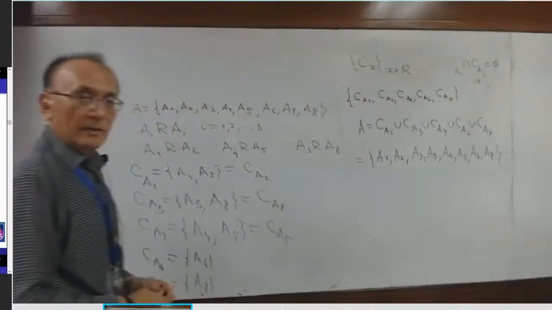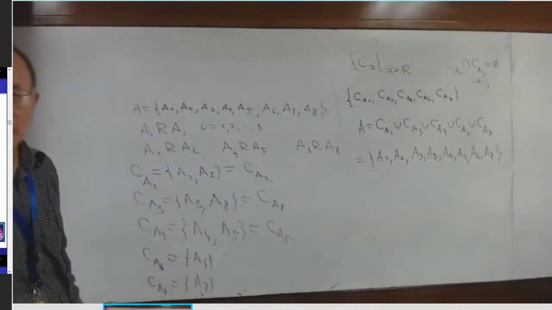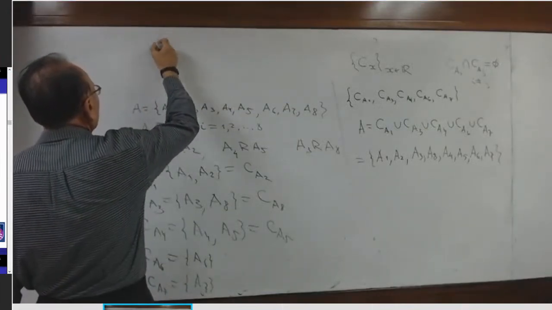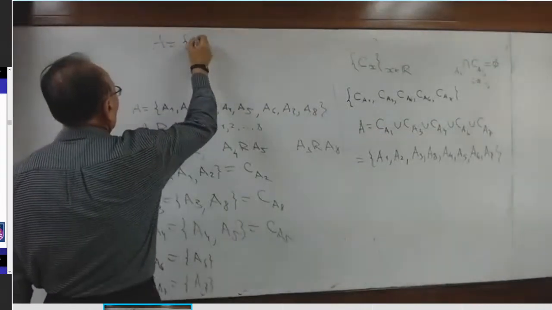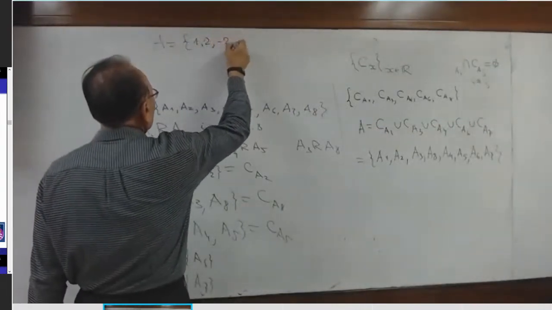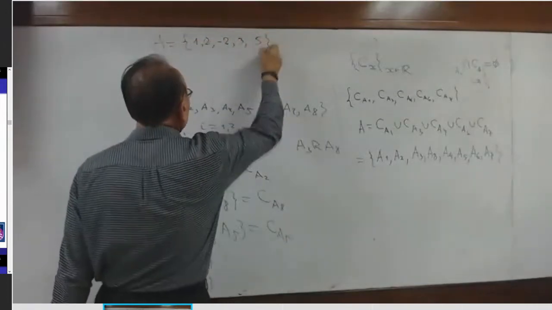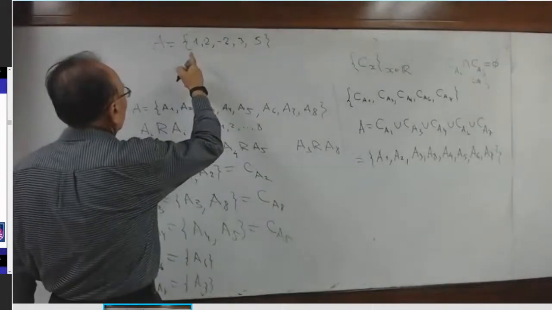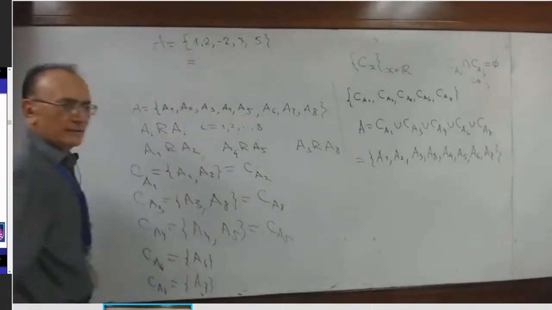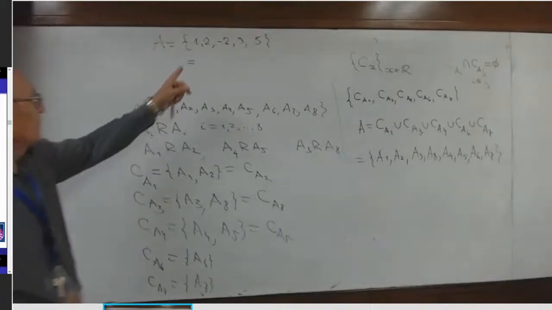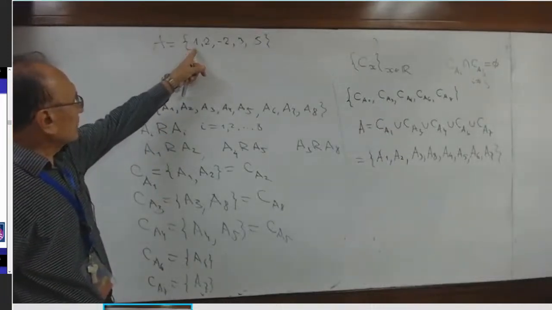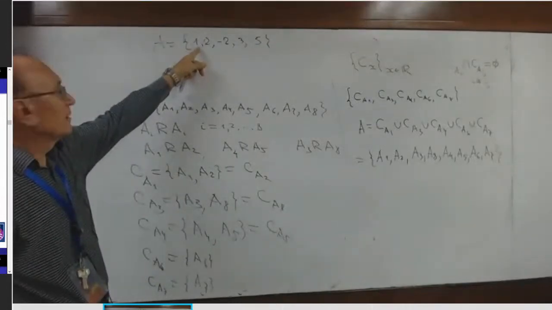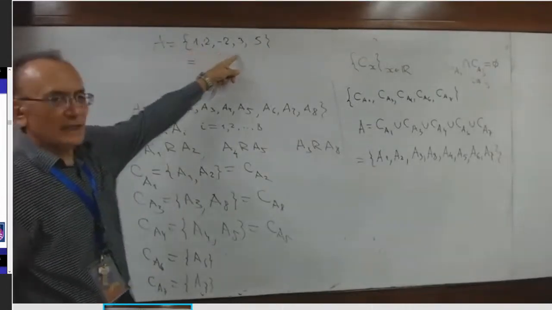You wanted number examples. Okay. Let me take A as 1, 2, -2, 3, and 5. Now, the equality relation. So 1 is equivalent to itself only. 2 is equivalent to itself.